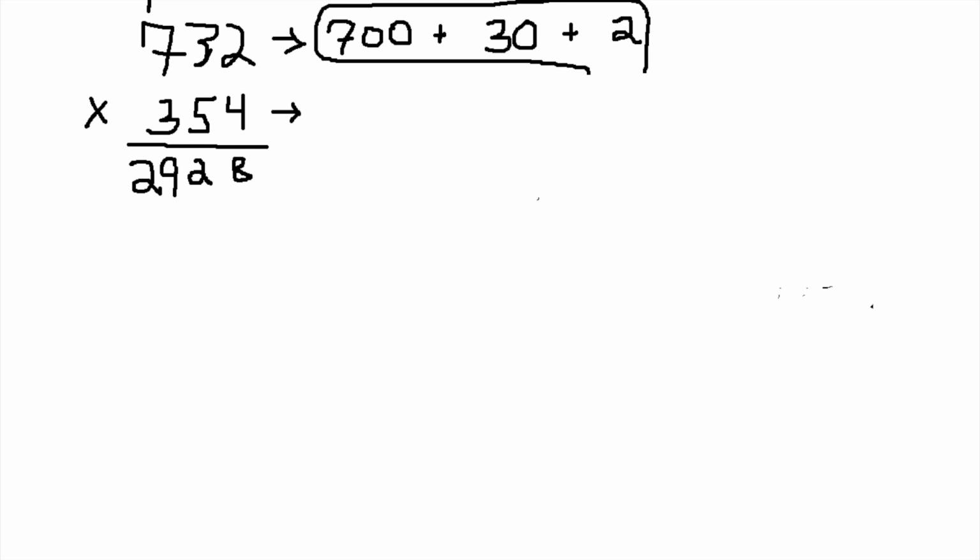Now we're going to take the next digit, which is a 5, but what's the value? It is 50. So we're going to multiply 2 times 50, 30 times 50, and 700 times 50.